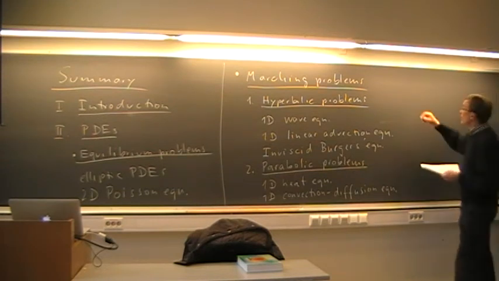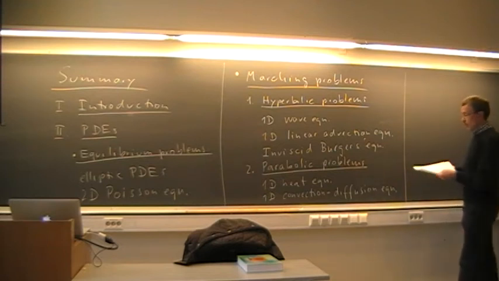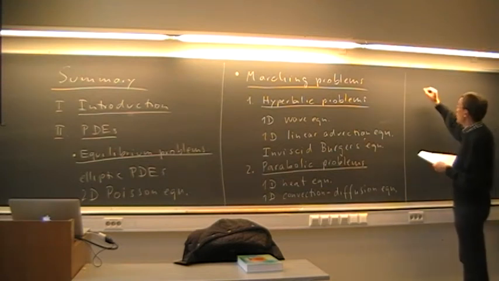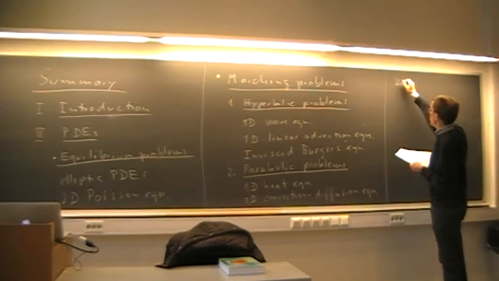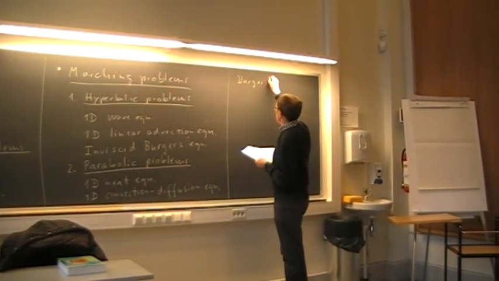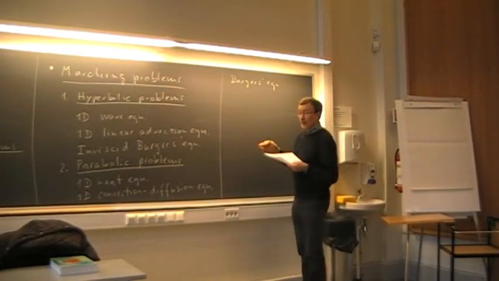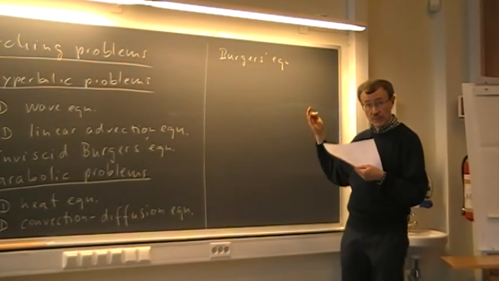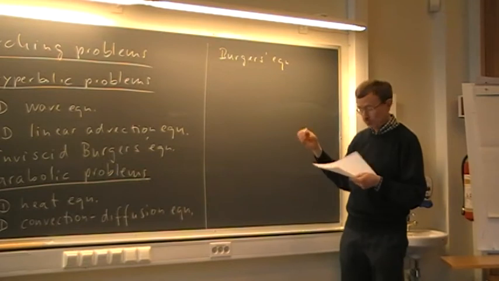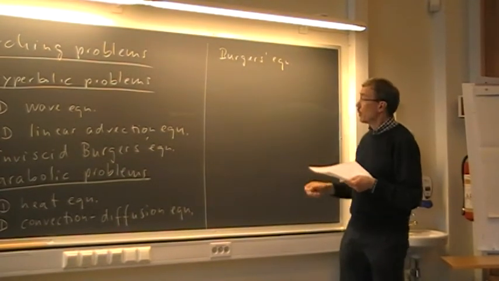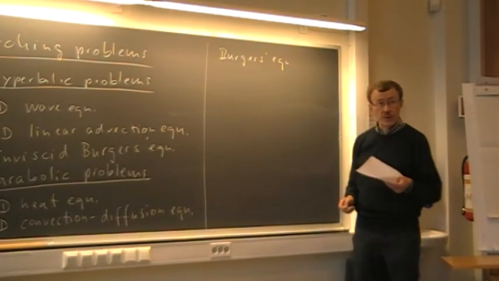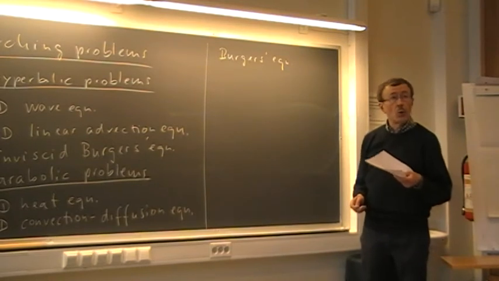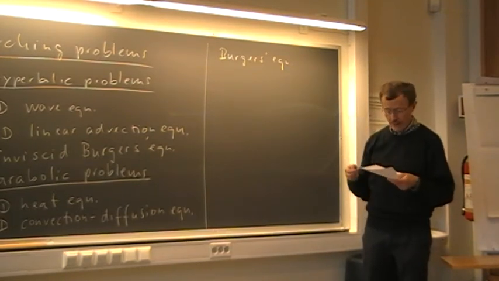And again, the more advanced example of that class is the Burgers equation itself, where we have included not only the inviscid, convective part, but also the viscous, diffusive part. And that is then a model of the 1D incompressible Navier-Stokes equation without pressure gradient.